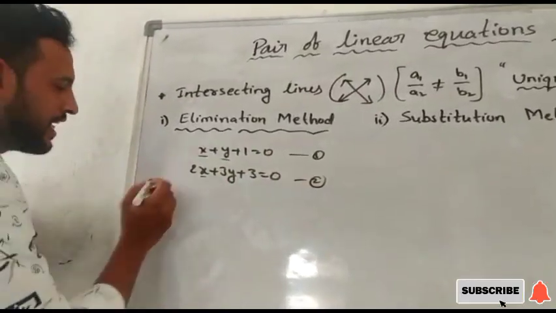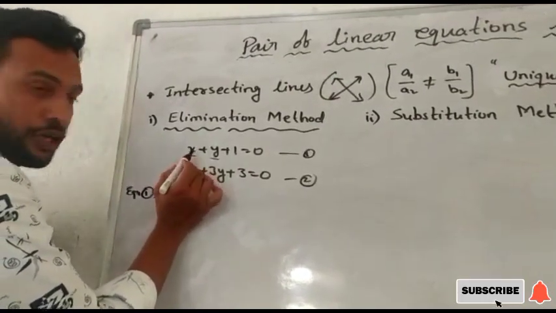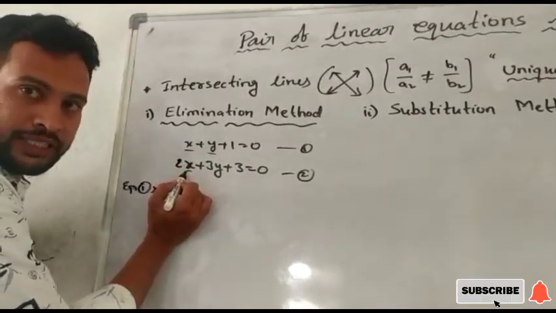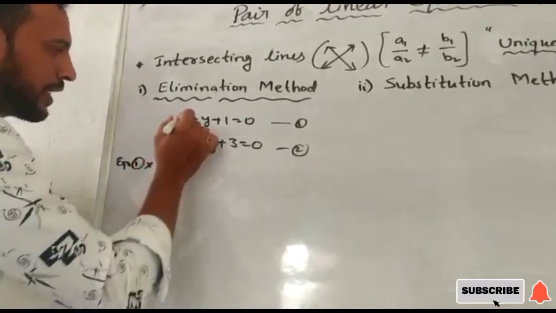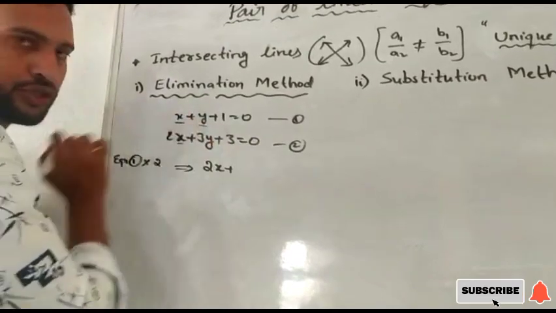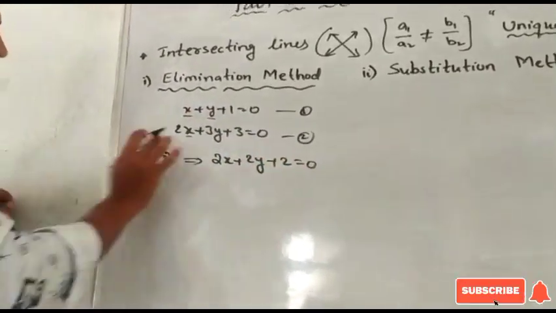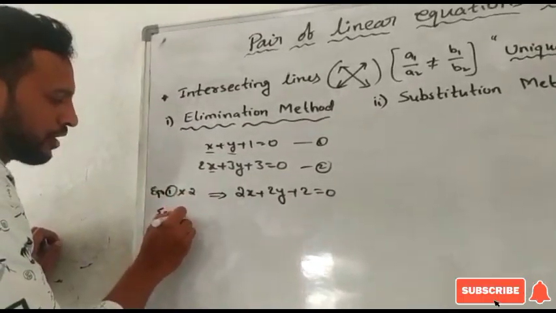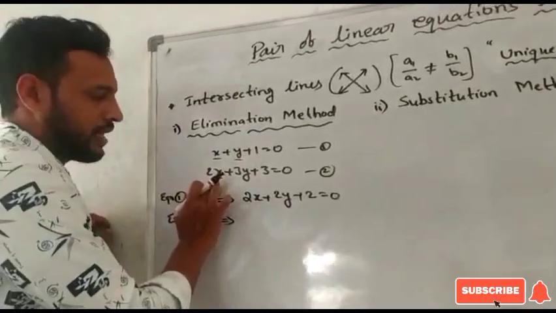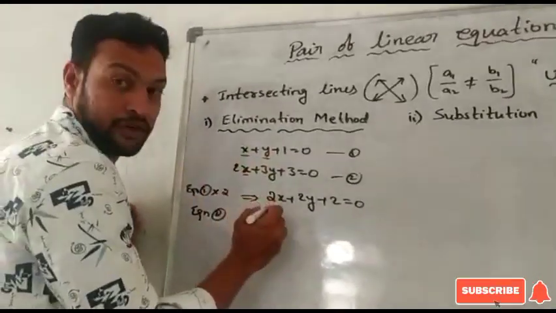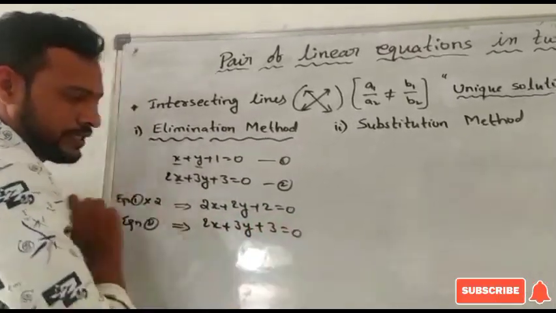I am going to multiply equation 1 with 2, then I get 2x plus 2y plus 2 equals 0. I am not modifying equation number 2, because 2x is already there: 2x plus 3y plus 3 equals 0.